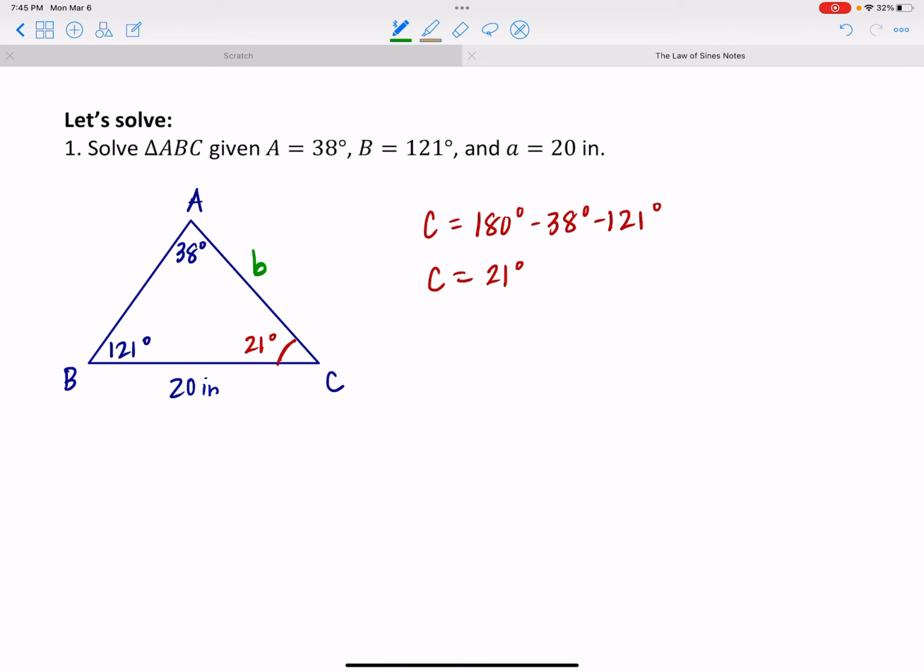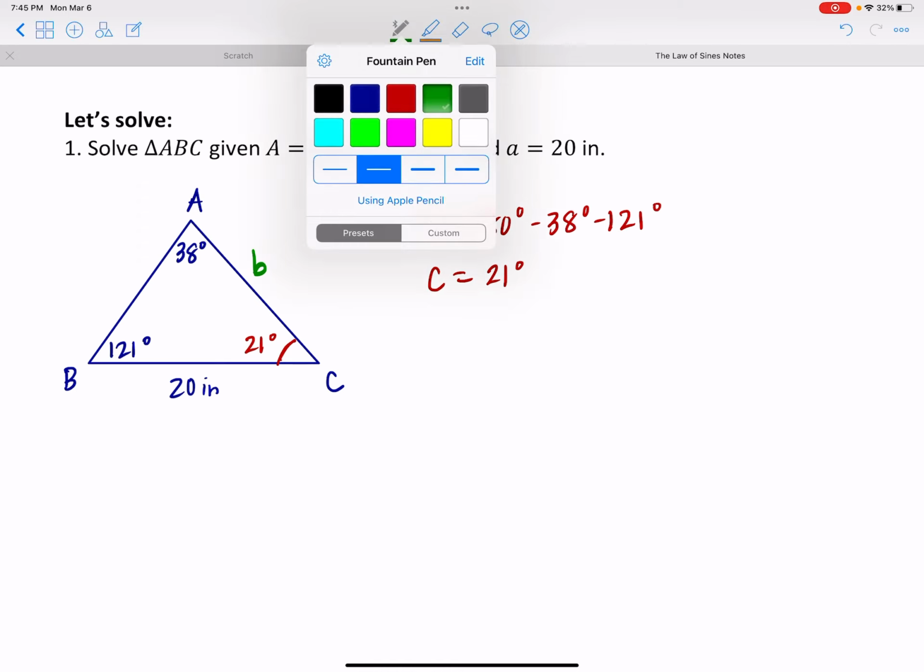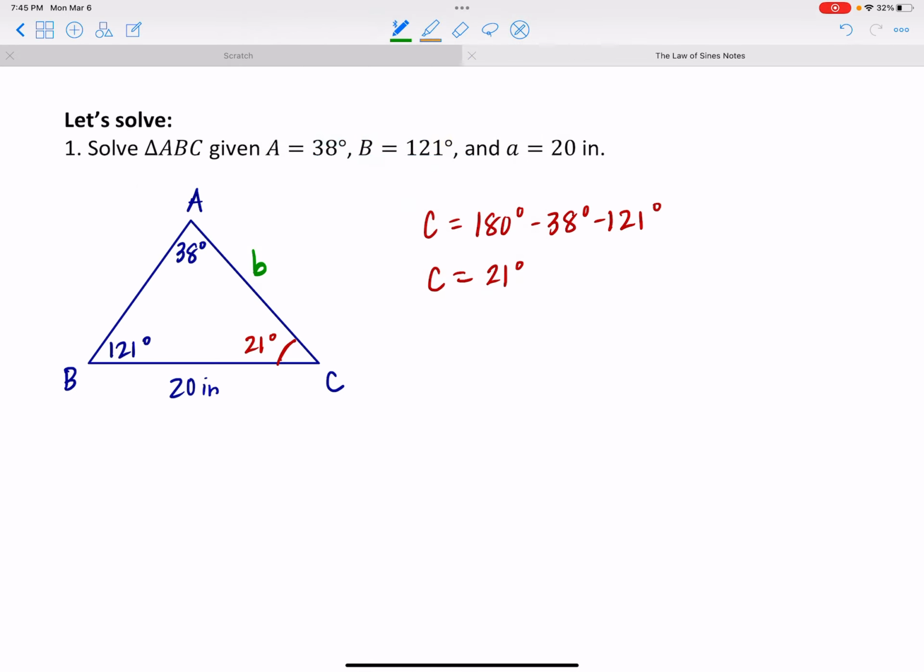If I want to find side length B, I have several options. In my law of sines, a ratio of the sine of angle B with its side length, side B, is equal to a ratio of any other pair, the sine of any other angle with its corresponding side. I don't want to use angle C yet because I don't know the side across from it.